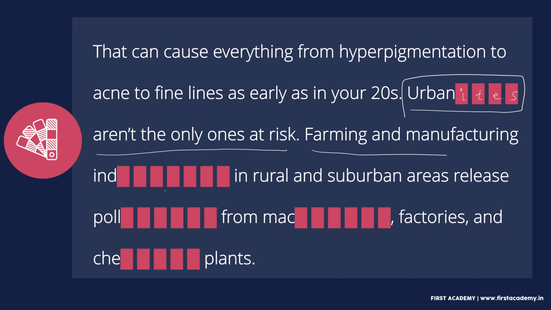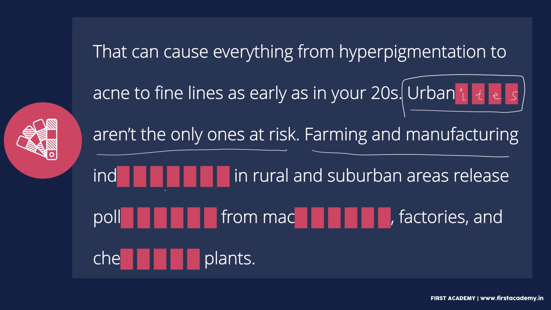Farming and manufacturing, dash. Now this ought to be a very, very simple word. It starts with IND and it's pretty big. So farming and manufacturing something in rural and suburban areas release. So what releases things? Automatically you must understand that we are talking about something that releases stuff.